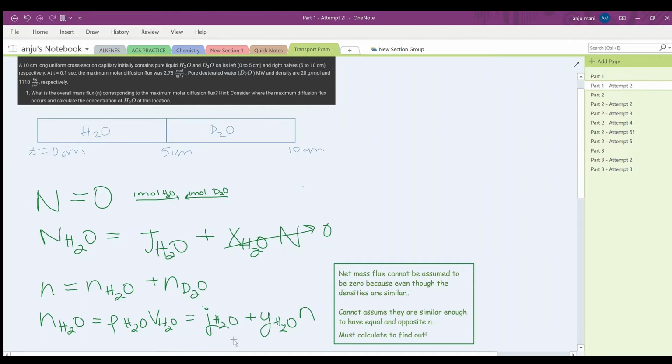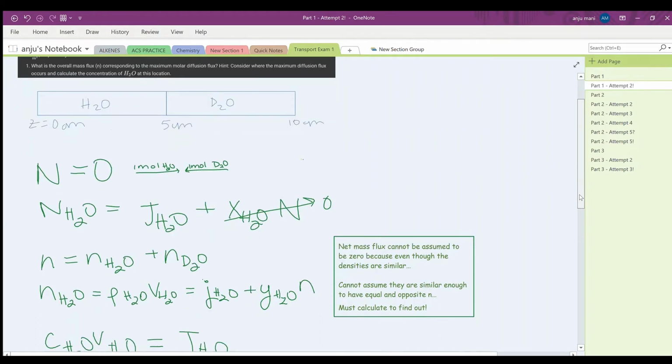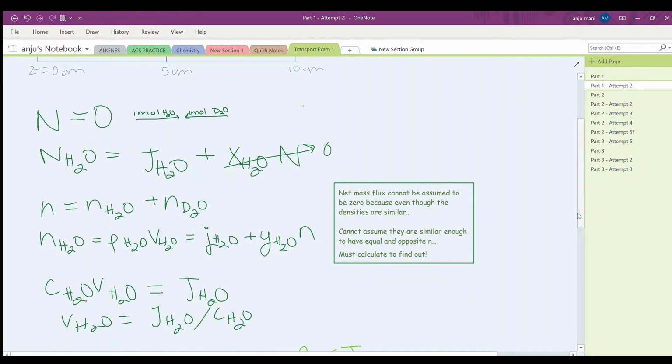From this, we don't know our velocity, but that's something we can find using our molar flux equation. With our molar flux equation, the velocity of water is equal to the molar diffusive flux divided by the molar concentration.